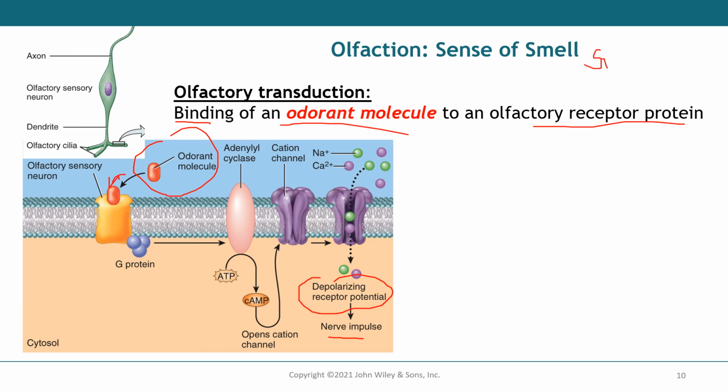Just to remind you, there is a process that is called signal transduction. This process of transduction is not unique to the sense of smell. All tissues during evolution have mechanisms to send signals, and this is one of them.